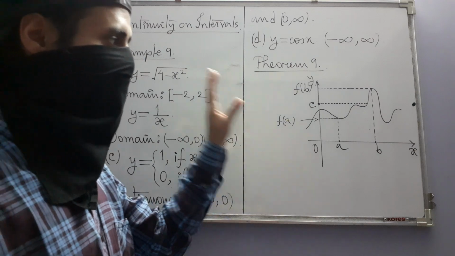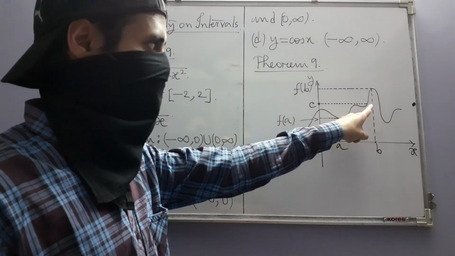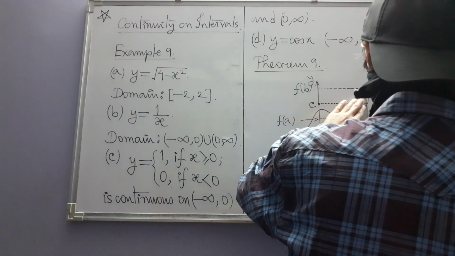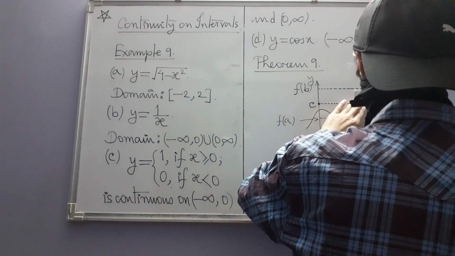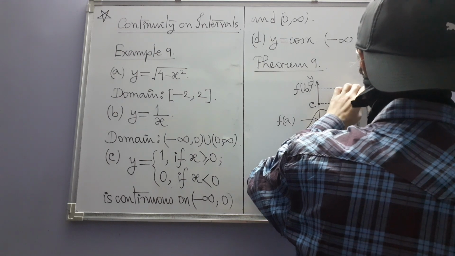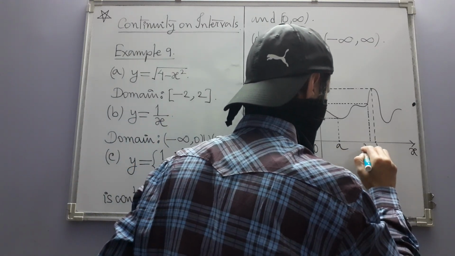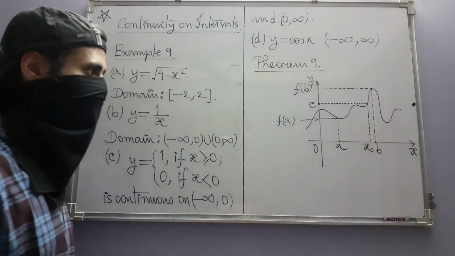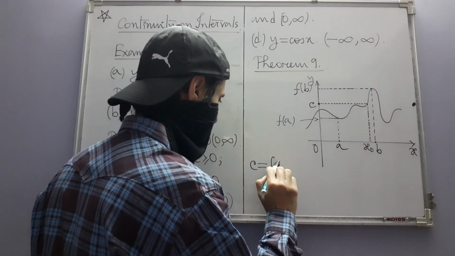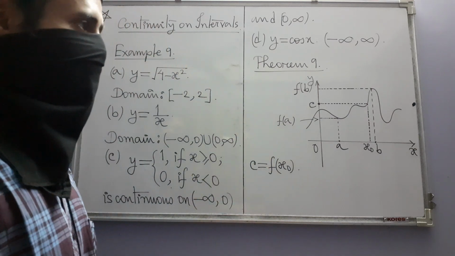Now from that point of intersection, if you drop a perpendicular on the x-axis, then you get a point here, say, let me call it x naught. Clearly, C is equal to f of x naught, right?